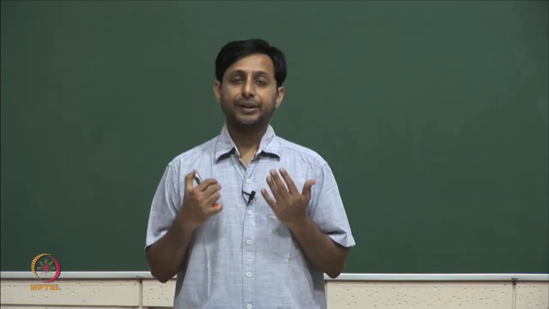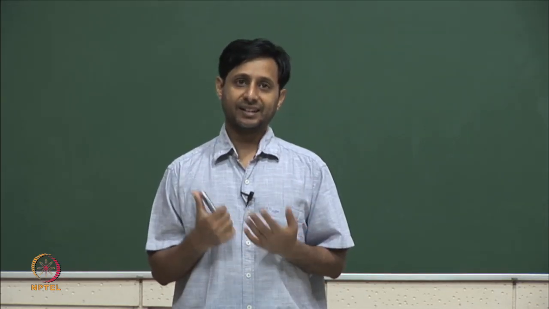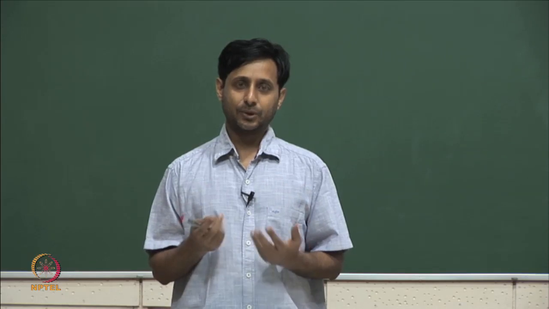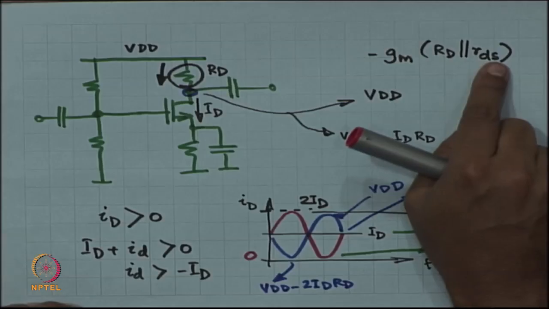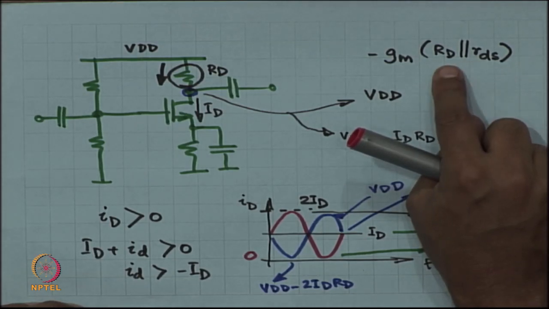So, effectively what it means is that you want RD to be large to get good gain, right, but when RD is large, other strange things happen. ID becomes small, for example, right.